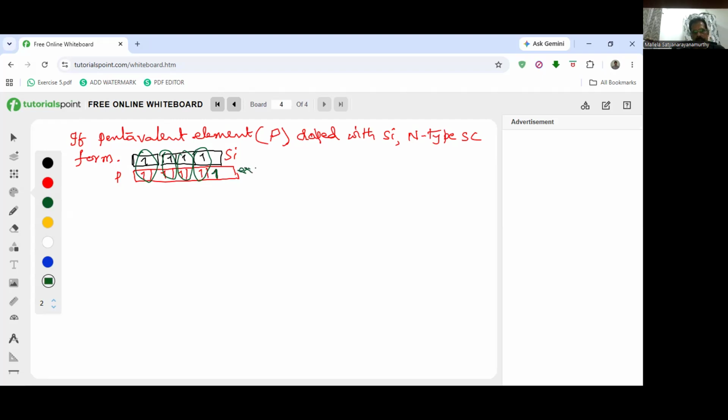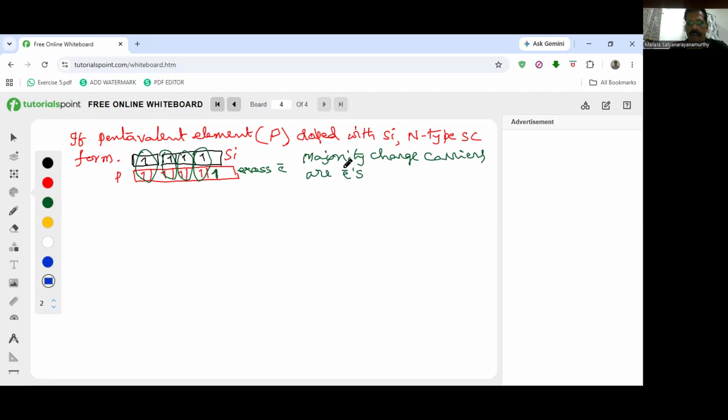This is called the excess electron. So that's why the majority charge carriers are electrons.